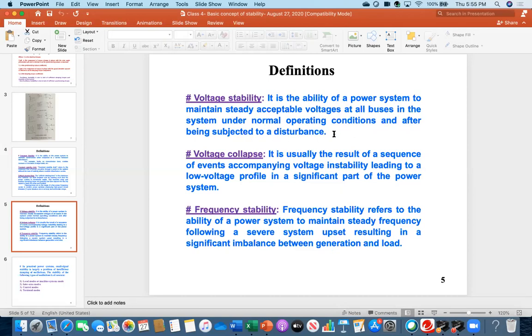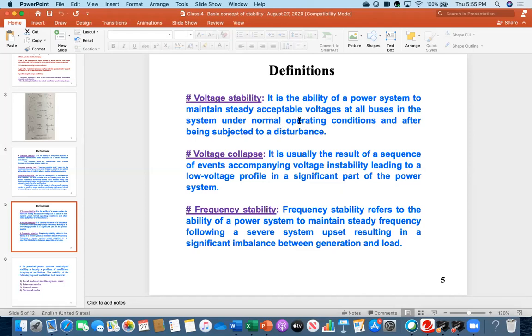So far we discussed steady state stability, rotor angle stability, and transient stability. Although voltage and frequency are all included inherently inside transient stability or steady state stability, voltage stability is still treated differently.